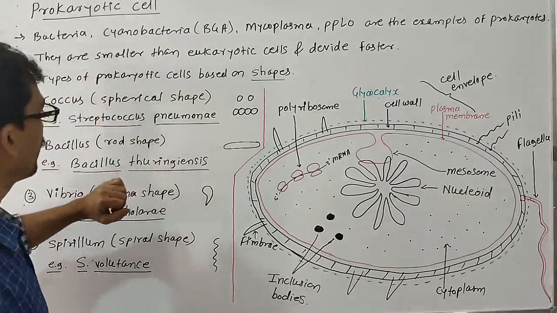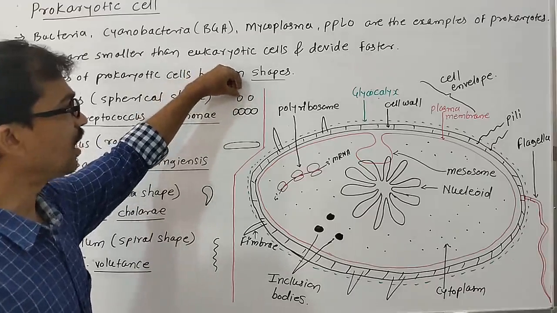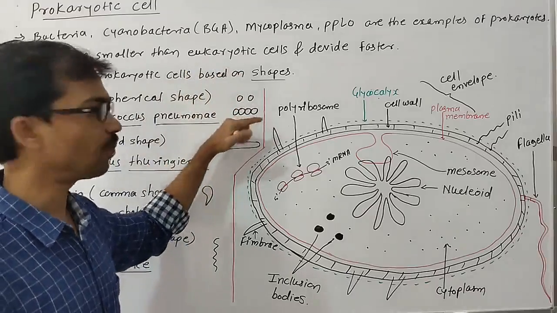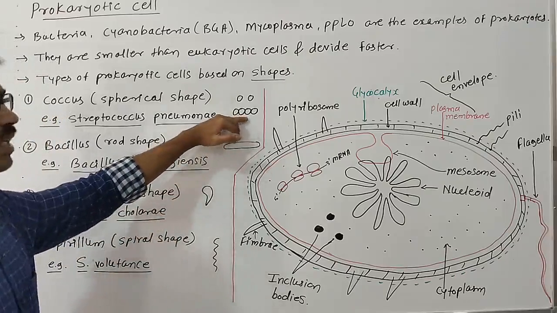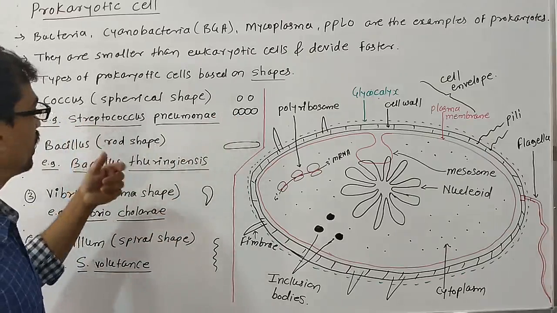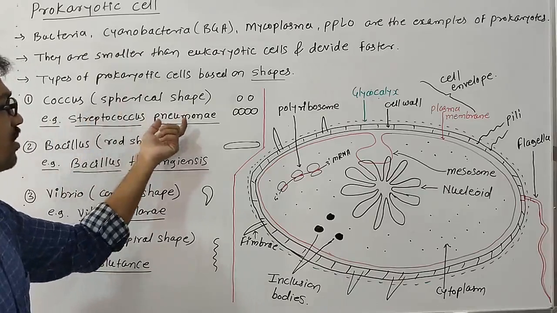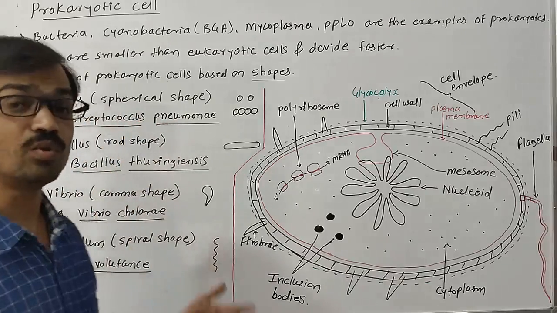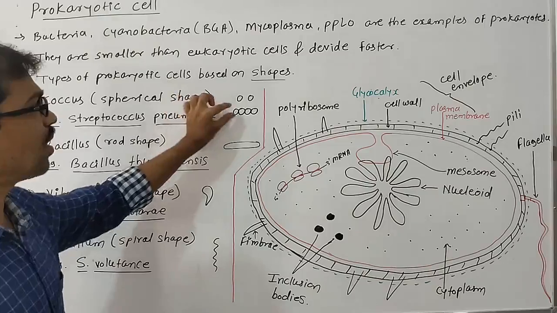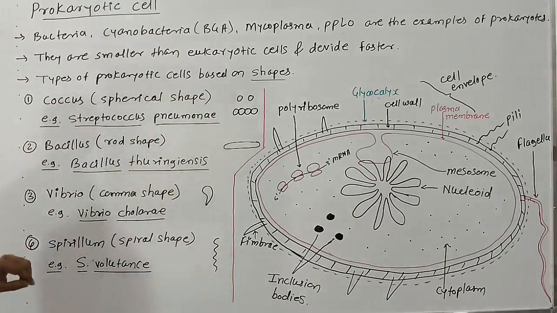Cocci can be isolated, or they can be present in the form of a strip, and then they are called Streptococcus. Streptococcus is a genus of bacteria, and one example is Streptococcus pneumoniae, which causes pneumonia in mammals. This is one example of bacteria having the coccus cell shape.